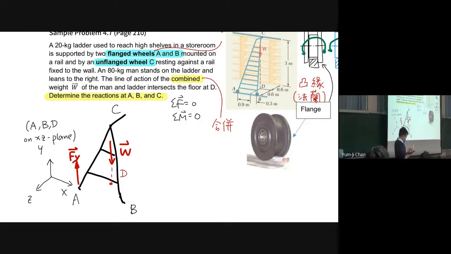Because it is a flanged wheel, we have AZ. Sorry, I should write it as AY and AZ. That would be clearer.